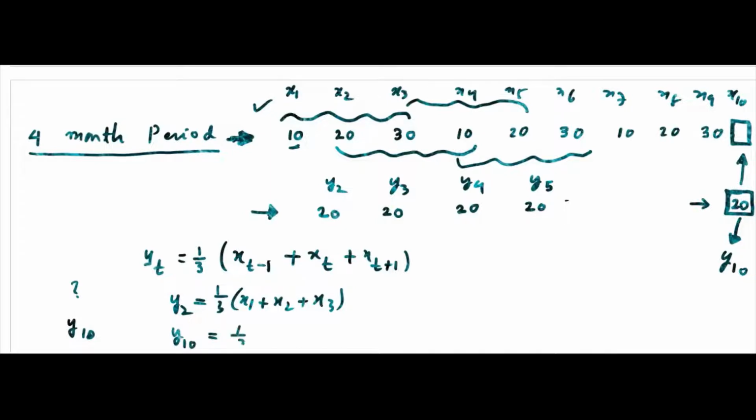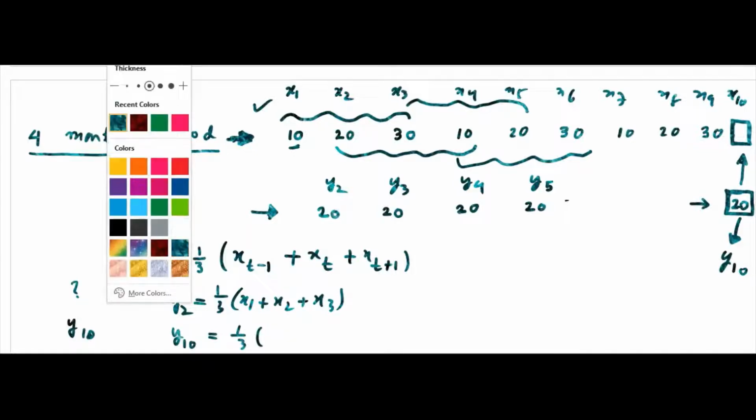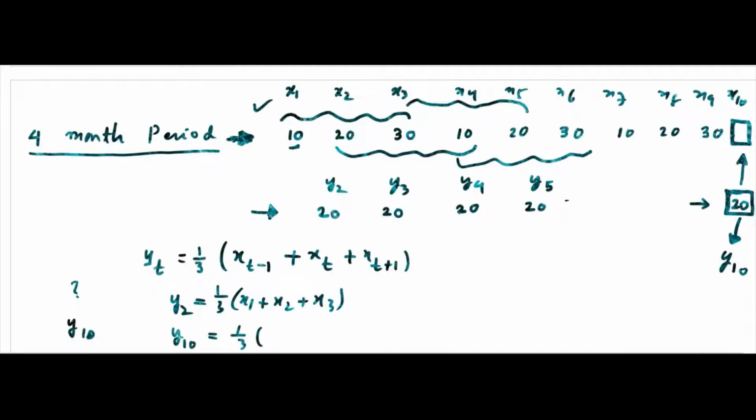Okay, so y10 will be equal to 1 upon 3 y9 y10 y11. Okay, yes, I know x10, y9, sorry, let me write x10, y10 is x10, x9, x10, x11. Okay, so I wanted to predict x10, actually I wanted to predict x10, I don't have x10.